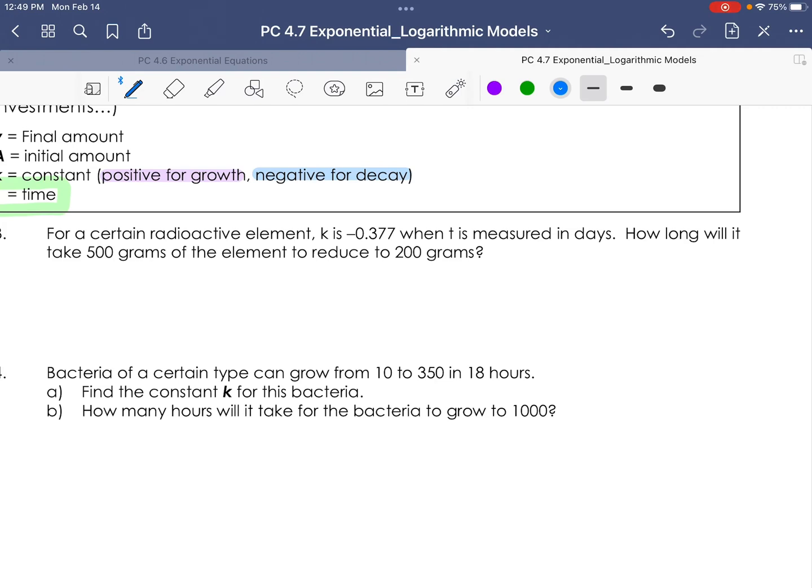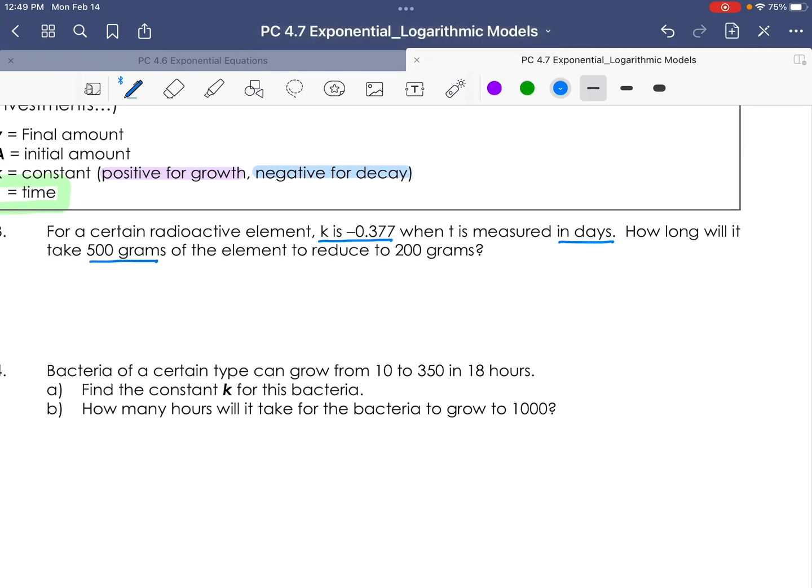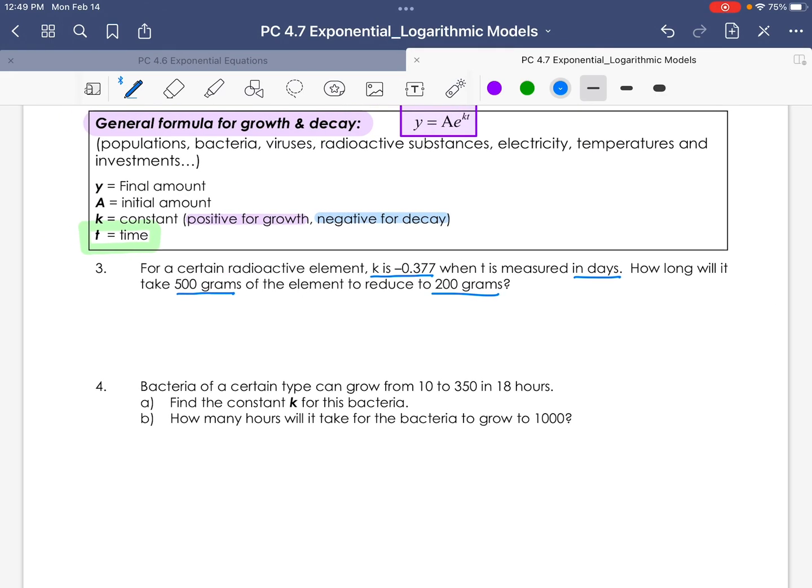For a certain radioactive element, k equals negative 0.377 when it is measured in days. How long will it take 500 grams of the element to reduce to 200? Okay, so we'll have y equals a e to the kt.